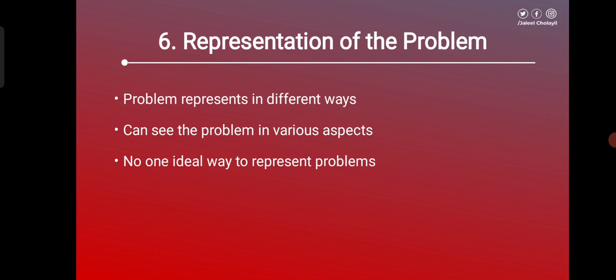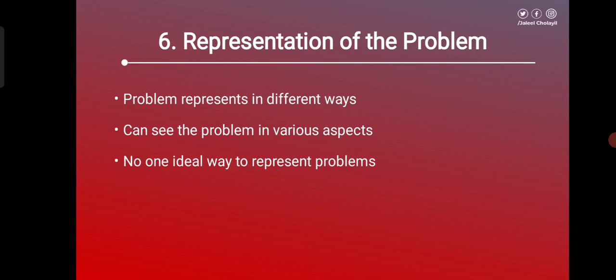And finally we have the representation of the problem. Representation of the problem means that sometimes a problem may be presented in only one way. Generally we have many problems, but all problems are represented in certain ways only. We may not be familiar with presenting the same problem in different ways.